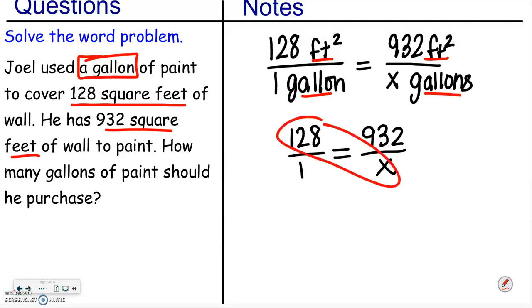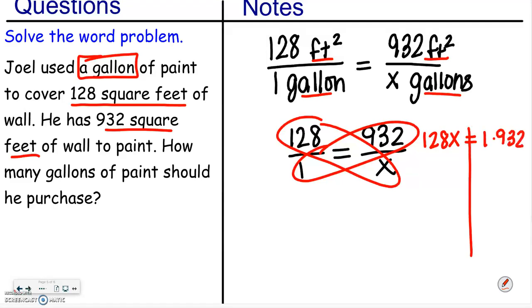All right, so 128 times x equals 1 times 932. So 128x equals 932.